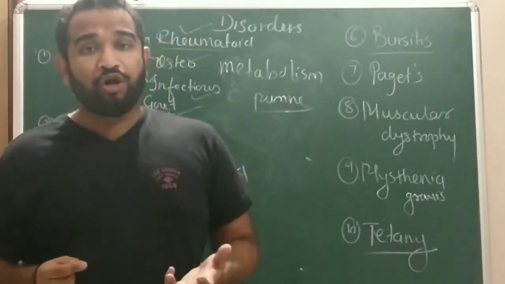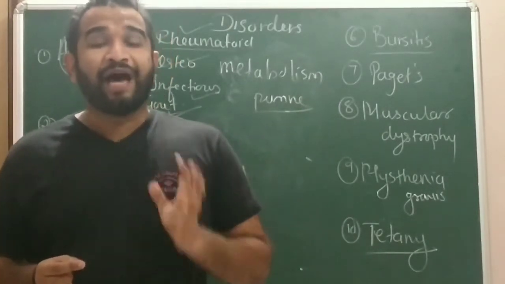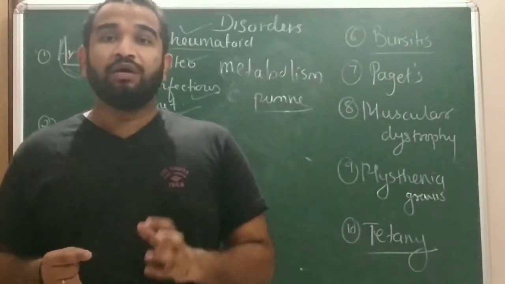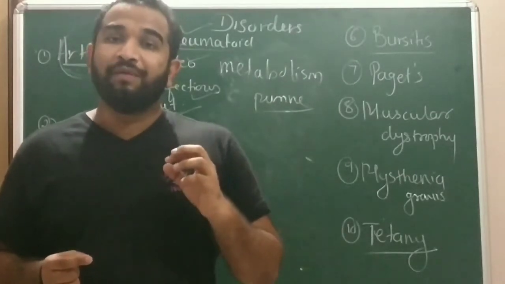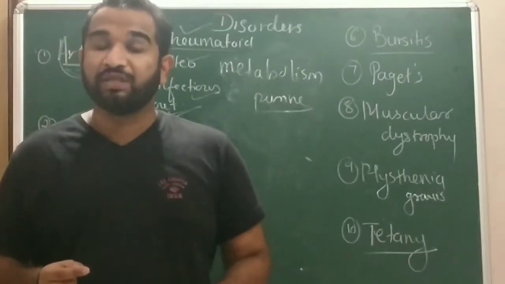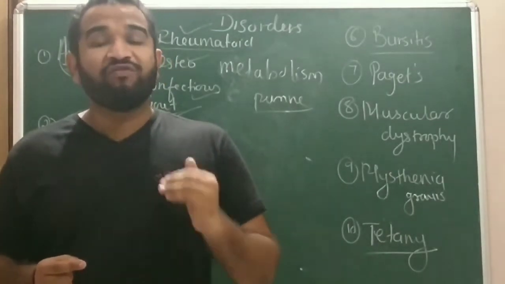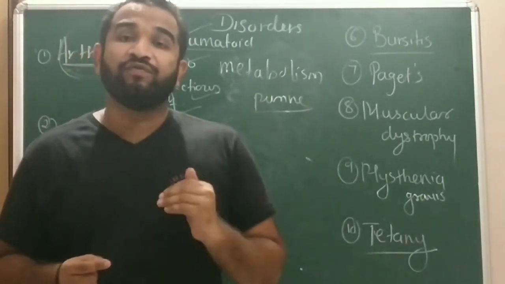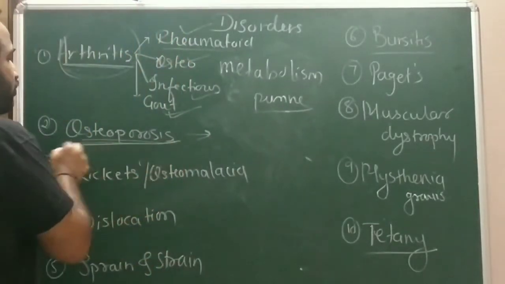When the sex hormones are imbalanced inside the body, or when hormones like the thyroid hormone by the thyroid gland, or parathormone by the parathyroid gland, are disturbed, at that time also osteoporosis occurs. Osteoporosis also occurs because of lack of calcium in the blood, and also because of vitamin D deficiency. So these are all the reasons which cause osteoporosis.